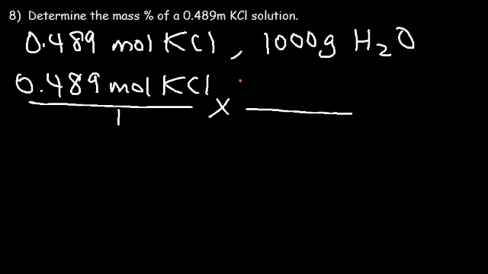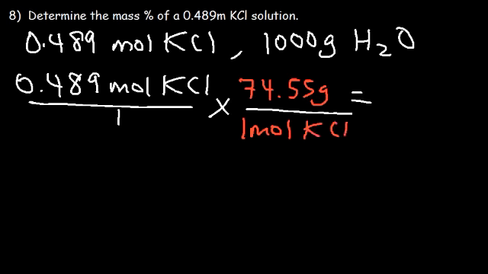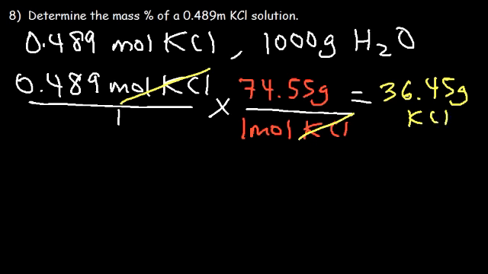And so there are 74.55 grams per 1 mole of KCl. So those units cancel. So 0.489 times 74.55, you should get 36.45 grams of KCl, which is the solute.